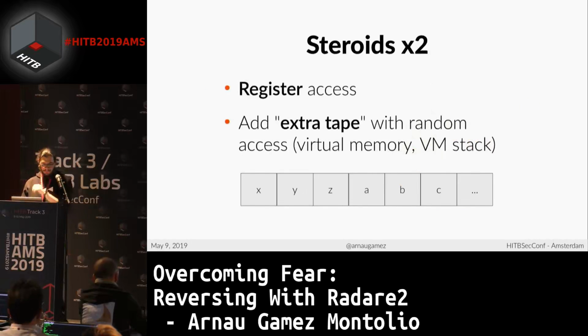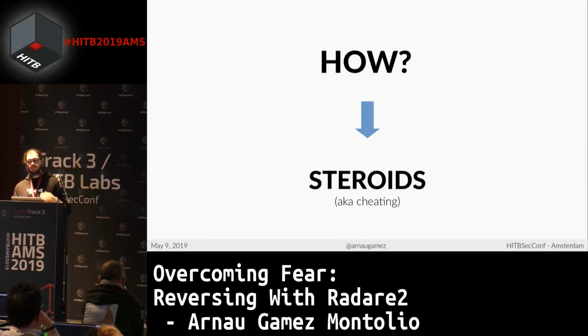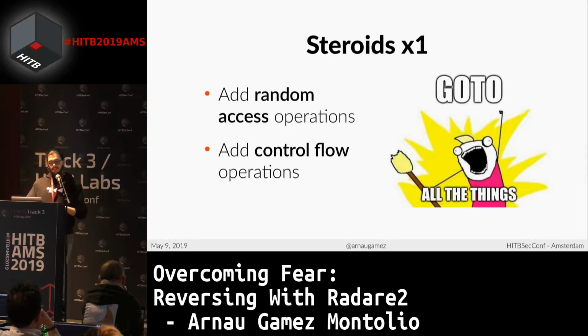This is part 1, and part 2 is, okay, let's add register access, and let's add an extra tape with random access that will be a virtual memory, a stack for virtual memory to work with while emulating. So the asteroids that are added to the pushdown machine give us random access operations, control flow operations, and also another tape, which is basically a section of memory that will be used for storing all the data we need when emulating.